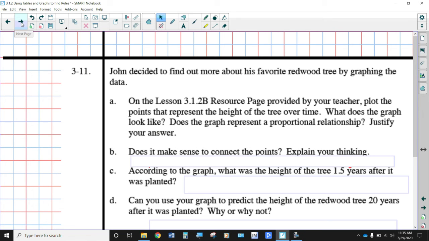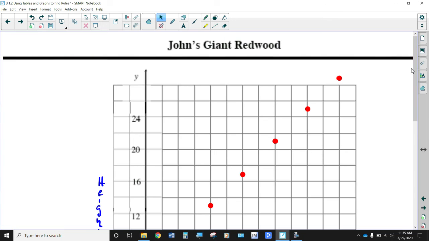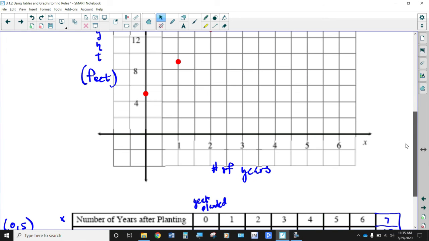Now, let's explain what the graph is telling us. The x-axis represents the time in years. Every one of these lines represents half of a year. But couldn't we measure the tree at any point along this continuum? We could measure the height of the tree after 9 months, which would be 3/4 of a year, and see what its predicted height would be.